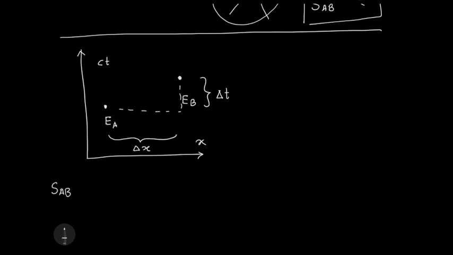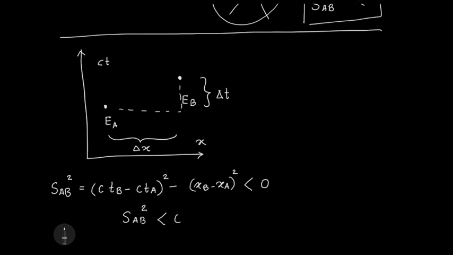So here if I write SAB square, by definition it is (CTB minus CTA) square minus (XB minus XA) square. What do you see? What is greater now? The space difference is greater now. So this is less than 0. So in this case, SAB square is less than 0 for the example of the interval that I have drawn here.